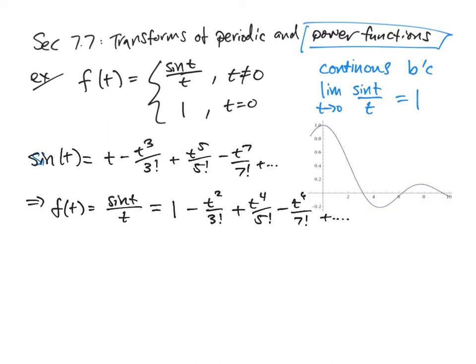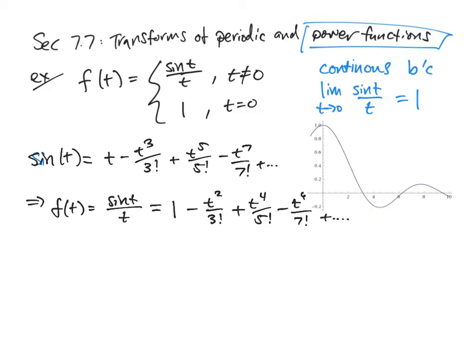Now it's not necessarily obvious that we can take the Laplace transform of an infinite sum, because our linearity only tells us that we can break up finite sums. It takes a little bit more advanced math to prove that it holds, but it does, and we'll just accept this now.